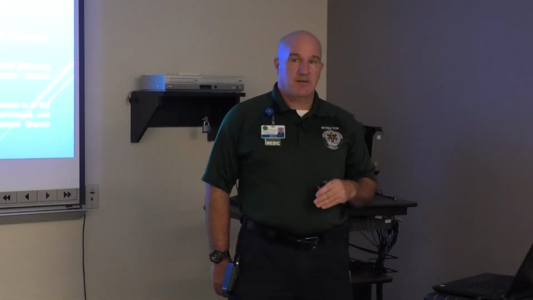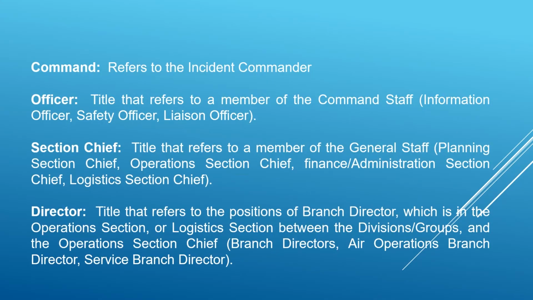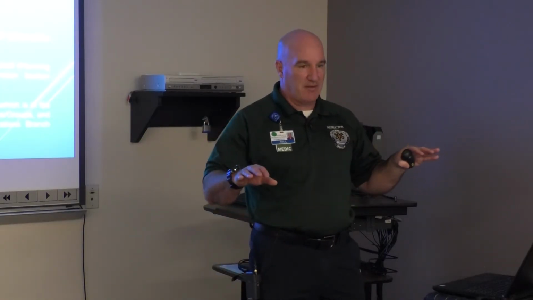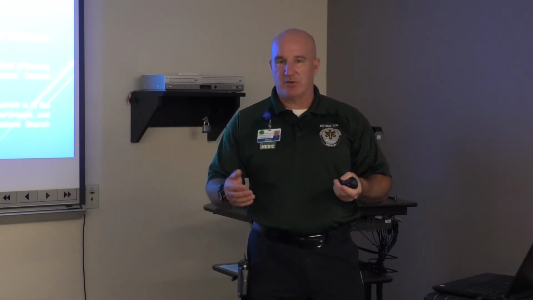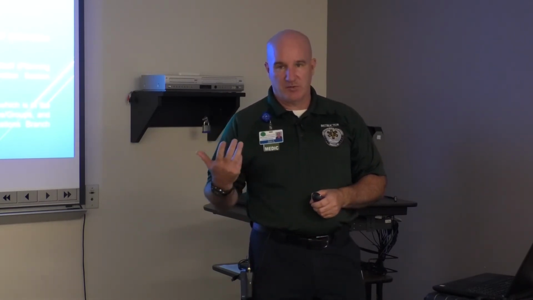So command, that term refers to your incident commander. Officer is a title that refers to a member of the command staff, like your information officer, your safety officer, your liaison officer. I always remember, so the command staff, and then you have your general staff, and I always remember the general staff by the term FLOPS. So you got finance, logistics, operations, and planning.